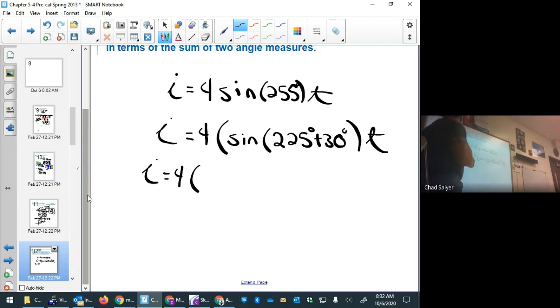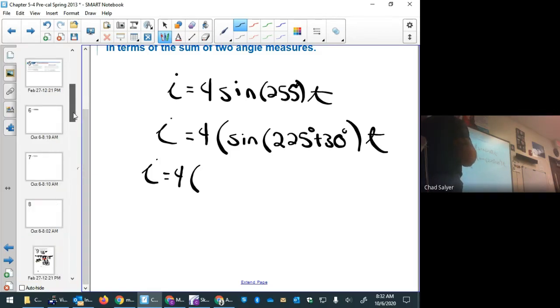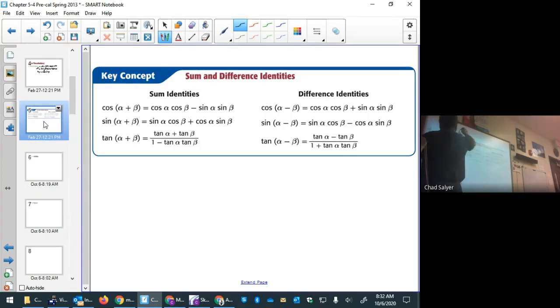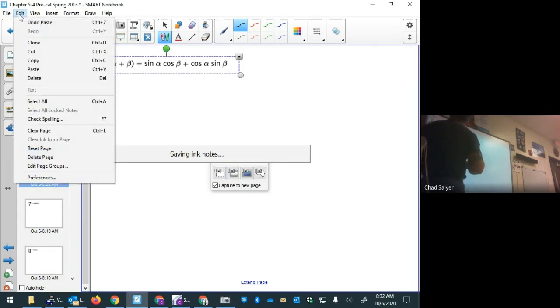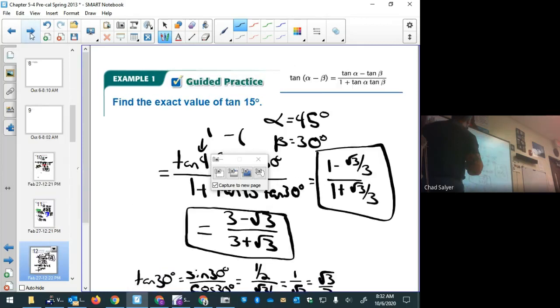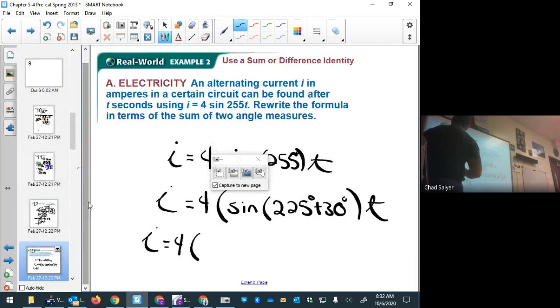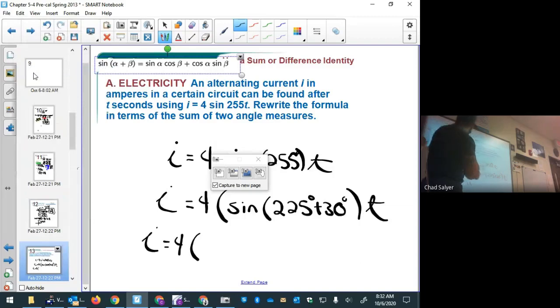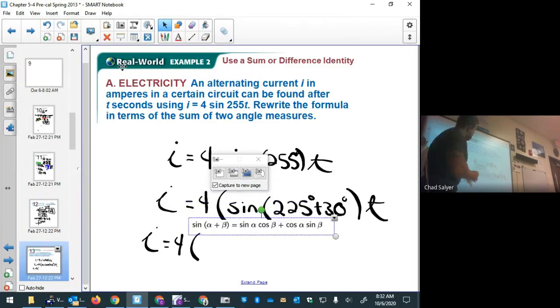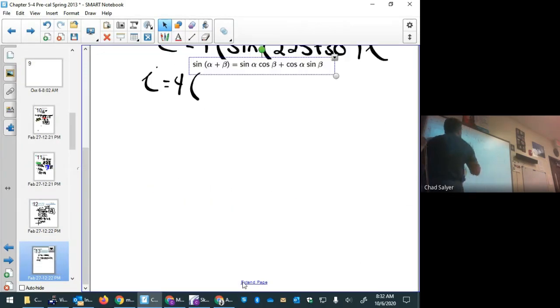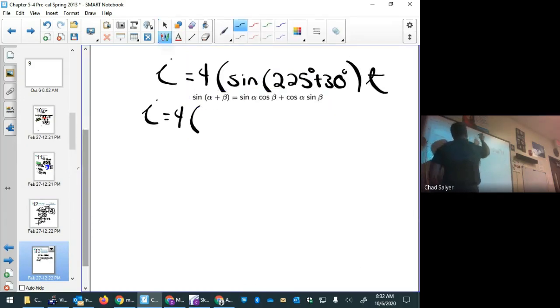And now we need the sine sum formula. So let's go back here and get that. So we're going to apply alpha is 225, beta is 30. So the sine of 225 is negative square root of 2 over 2.